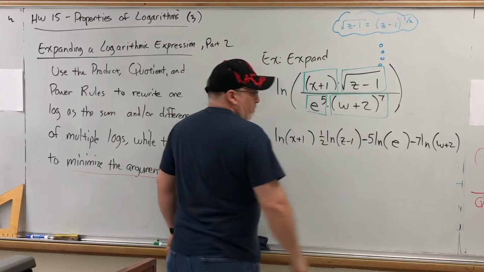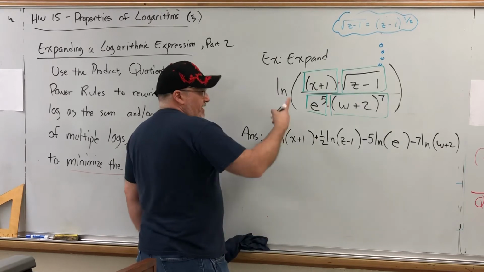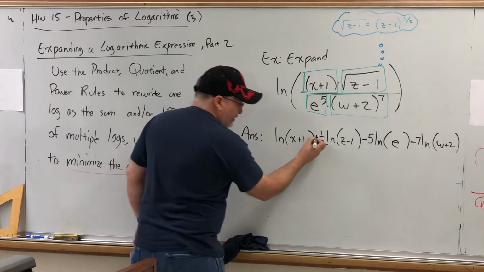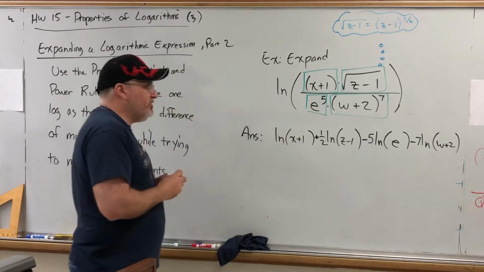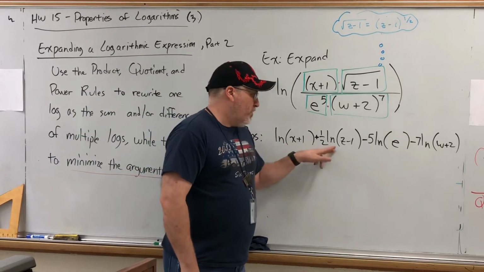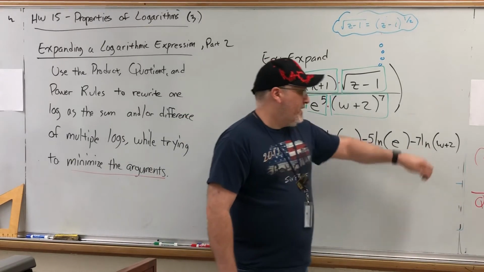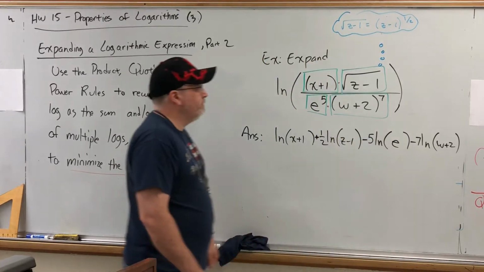The square root of z minus 1 was in the numerator, its log is positive. And the x plus 1 was in the numerator, so its log is positive. And so instantly we can expand this into the natural log of x plus 1 plus 1/2 natural log of z minus 1 minus 5 natural log of e minus 7 natural log of w plus 2.